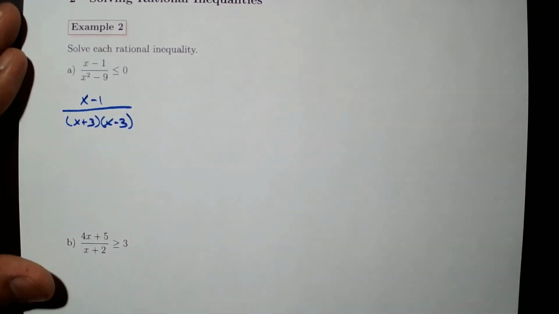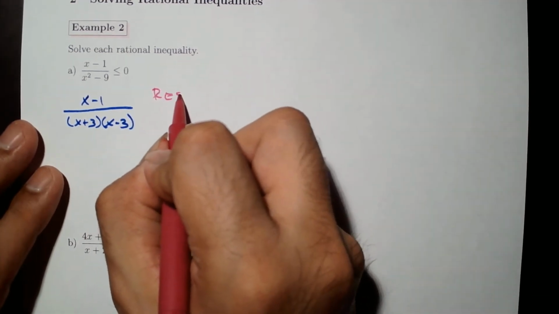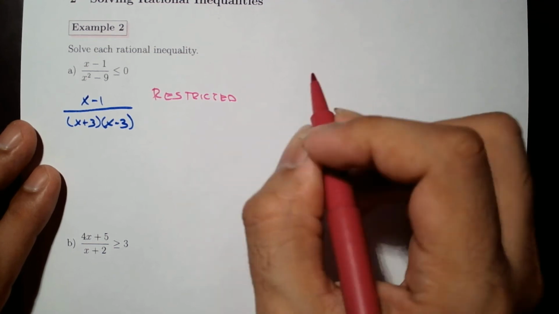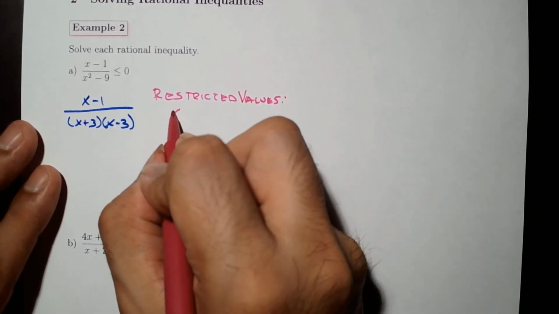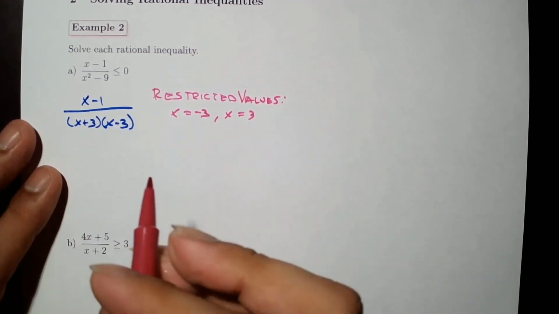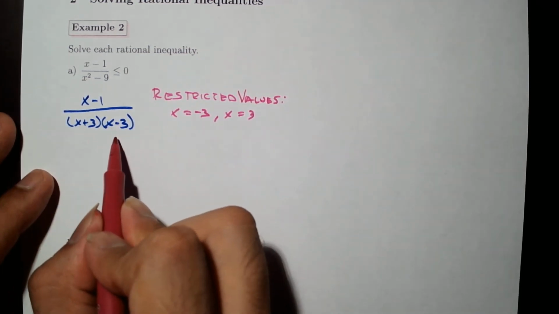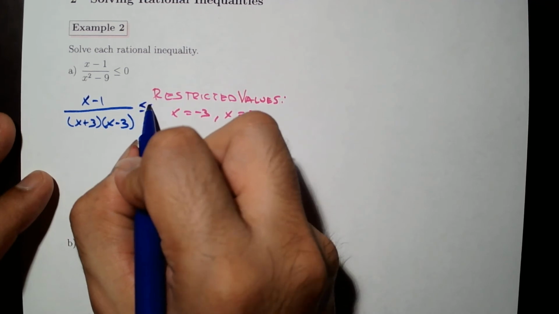So, number 1, we are going to have restricted values, which are going to be x equals -3 and x equals 3. Can you see that? Here, x equals -3 makes the denominator 0. Here, x equals 3 makes the denominator equal 0.